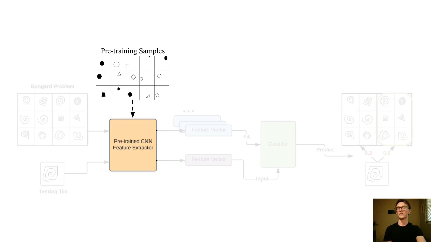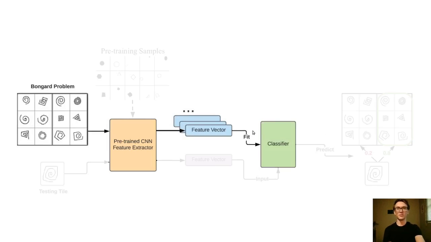The first step is to generate a whole lot of random shapes and pre-train a CNN to classify those shapes. Next, when we have an actual BP that we want to solve or find a rule for, we can take those 12 tiles, generate a feature vector for each of them, where each dimension of the feature vector corresponds to a particular filter in the CNN.